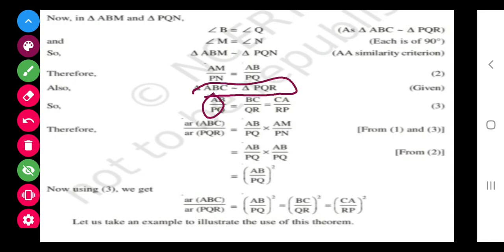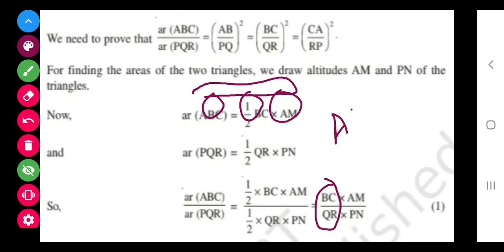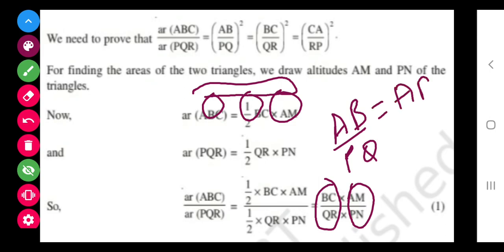So AB upon PQ is equal to BC upon QR is equal to CA upon RP. So in place of BC upon QR, we can write AB upon PQ, and we have already proved that AM upon PN is equal to AB upon PQ. So our question is solved.